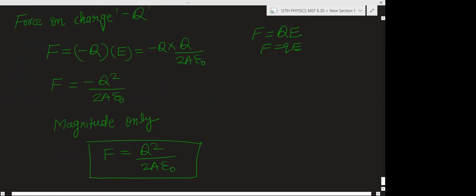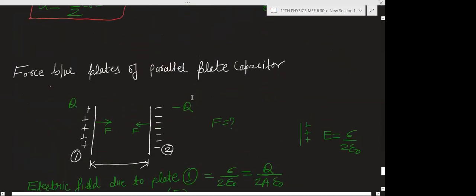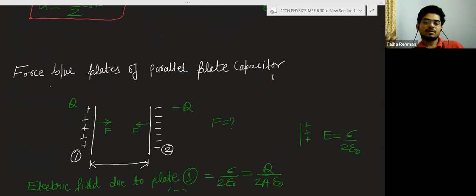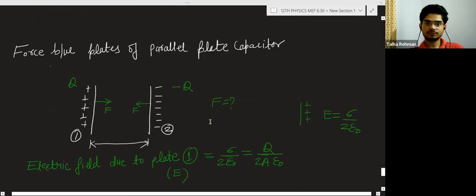So this is the force in between two parallel plates. You can do one thing more. You can calculate the electric field due to this plate and take this charge and calculate the force on this charge. Then also you will get the same result. So please note.